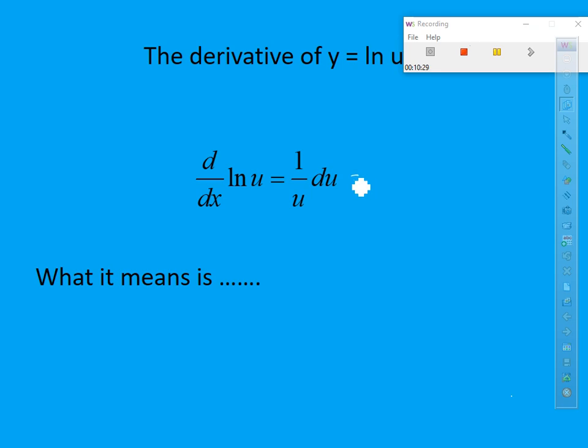Another way to write this is, it's the derivative of your u function over your quantity. So at some point, get that written down on your note card. You'll want to say the derivative of the natural log of u is 1 over u du, or the derivative of u over u. After you see a couple of them, you'll see why it's so easy.